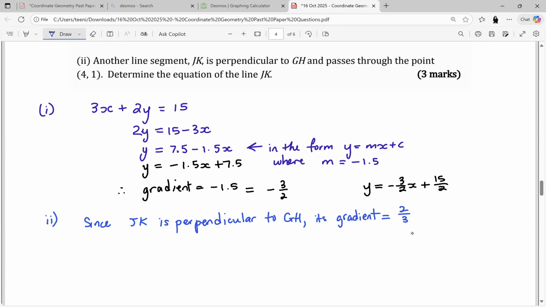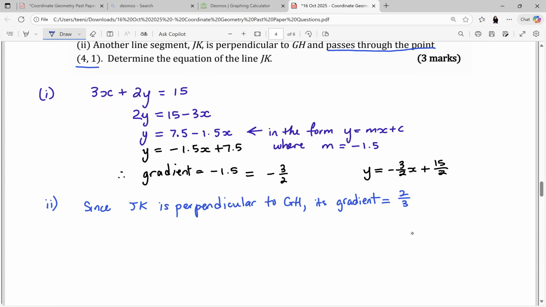All right. And the other piece of information they gave us is that JK passes through the point (4, 1). To determine the equation of the line, remember all you need is a point on the line and the gradient, which we already have.